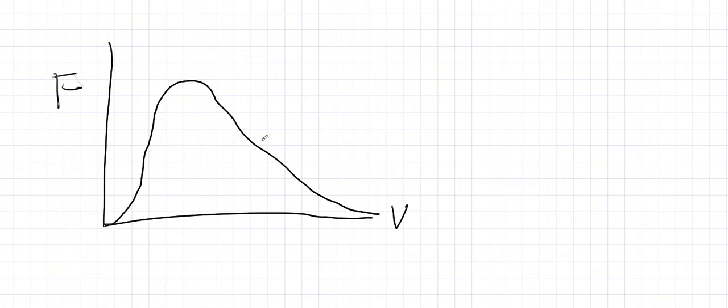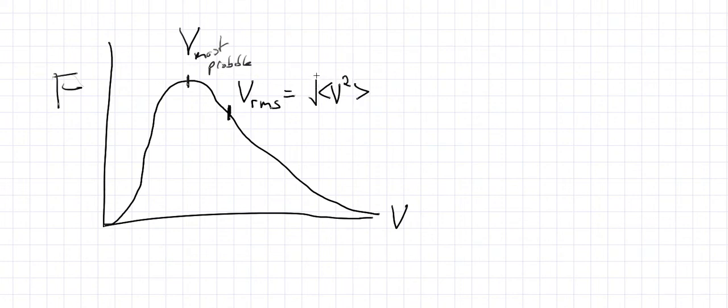Okay, and we look at this, we can see that we could call this the most probable speed. And then we could also take several other types of average. We could have an average speed, which would be the RMS speed, root mean squared, which is taking the speed, squaring it, then taking the average, and then taking the square root.